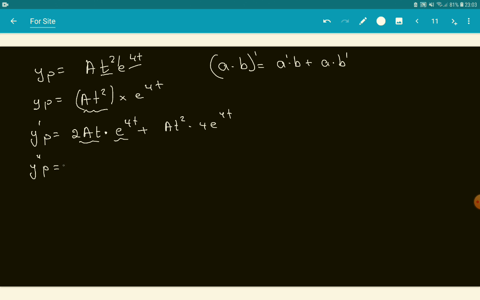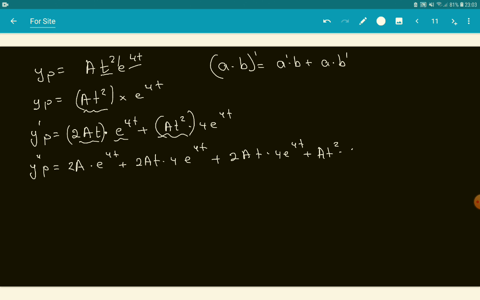So for y double prime p, I'll write 2a multiplied by e^(4t) plus 2at multiplied by 4e^(4t) plus, again this part the same, 2at multiplied by 4e^(4t) plus at squared multiplied by 16e^(4t). I know it's too long, right? I hope that I didn't make a mistake. If I did, please excuse me and give me feedback so that I can know.